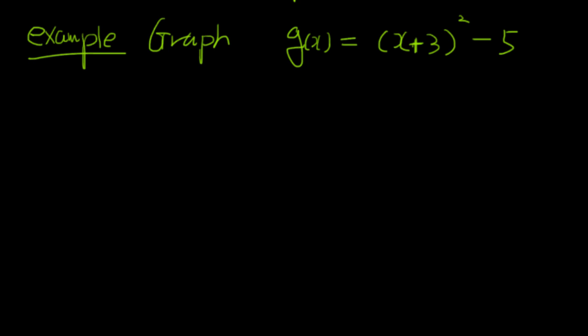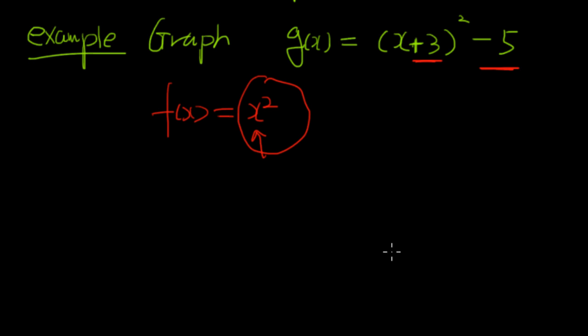All right, so this one would be the original f of x, which is the x squared form. Now, to this x, we are adding 3, but also to the entire f of x, we are subtracting 5. So this plus 3 will do what? Which move? Left or right, up or down?